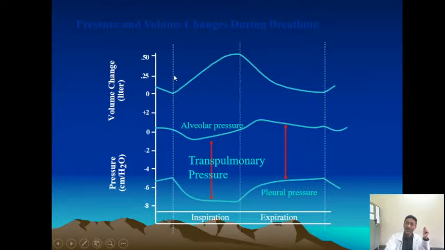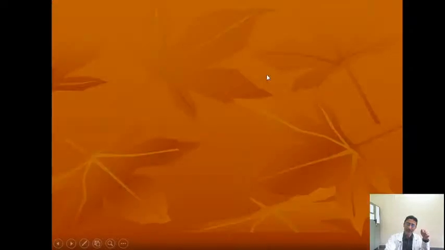From this point to this point includes one inspiration and one expiration, and this is one breathing cycle. So this graph shows the air entering the lungs during inspiration and the amount of air leaving the alveoli during expiration. These are the volume changes taking place during each respiratory cycle.